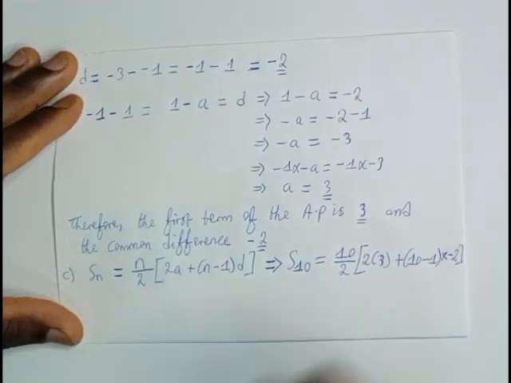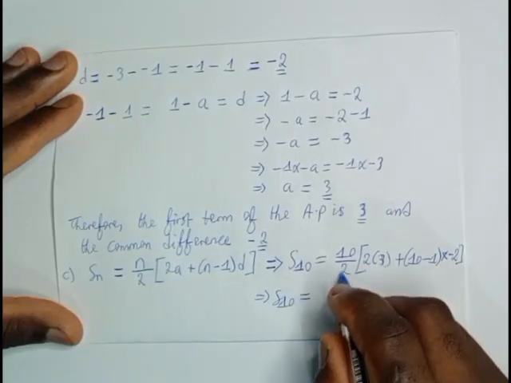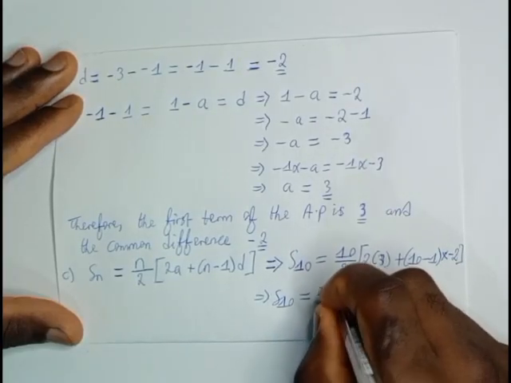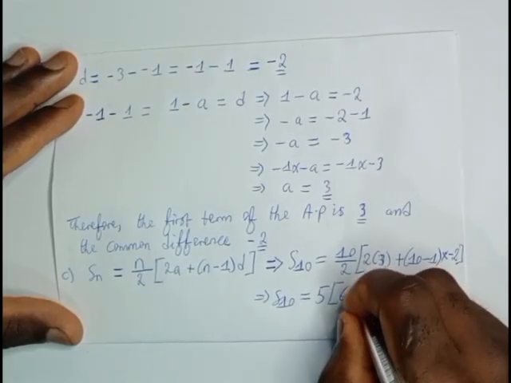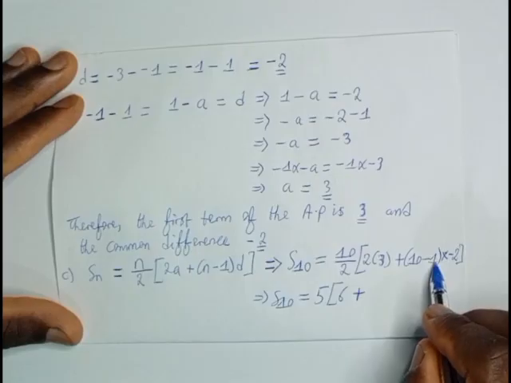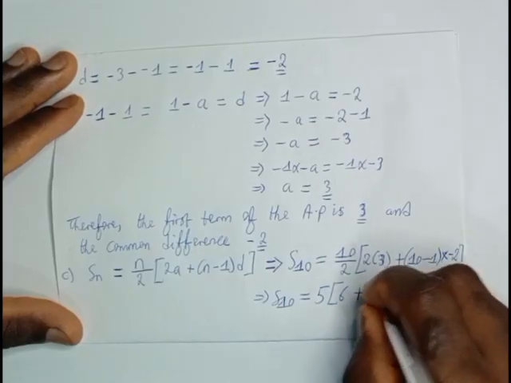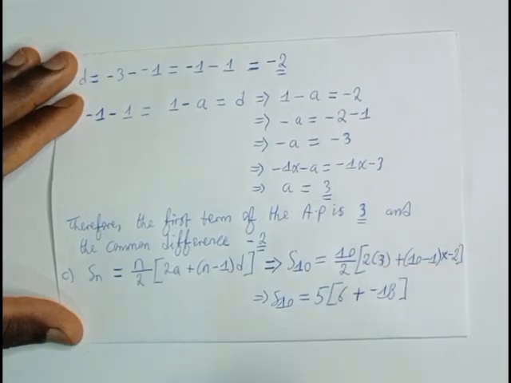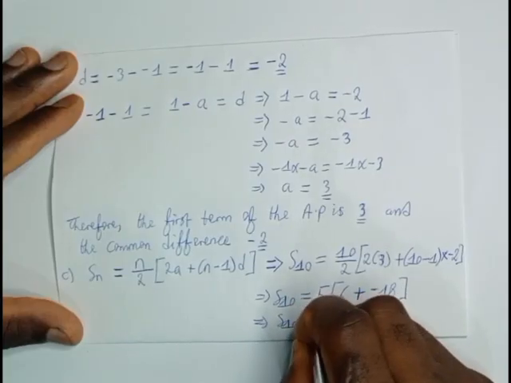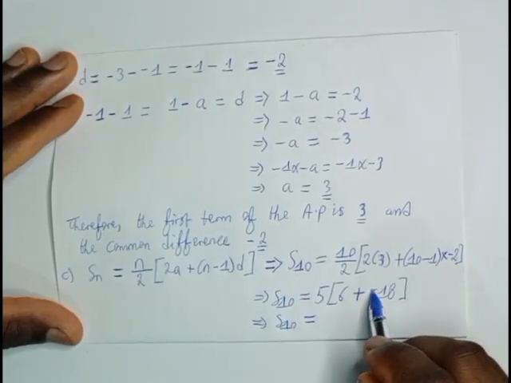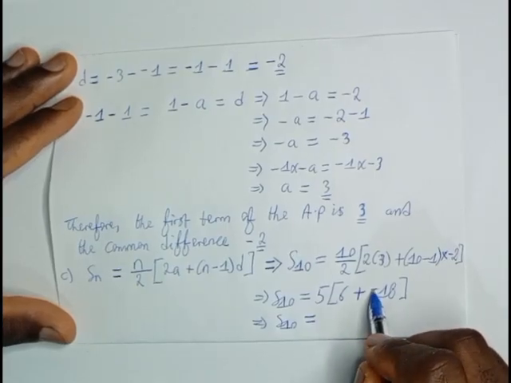We have to simplify. This will imply that S10 will be equal to 10 divided by 2 gives us 5, times 2 times 3 gives us 6, plus 10 minus 1 gives us 9. 9 times negative 2 gives us negative 18. This will imply that the sum of the first 10 terms will be equal to 6 plus negative 18 gives us negative 12.